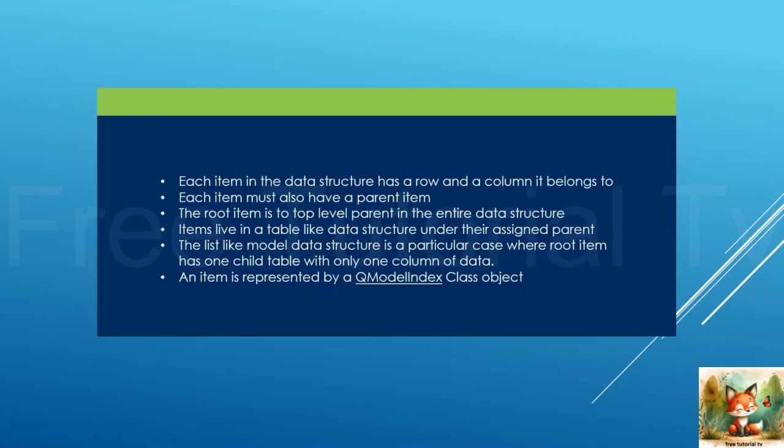Okay, each item should also have a parent item. In our case, our parent has always been the root item. And the root item is the top level parent in the entire data structure. I don't think I need to explain this any more. Items live in a table-like data structure under their assigned parent. And the list-like model data structure is a particular case where the root item has one child table with only one column of data.